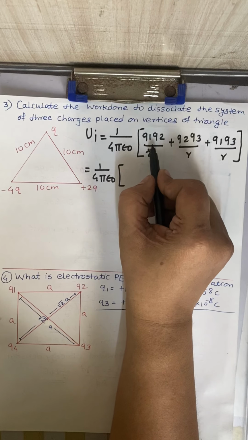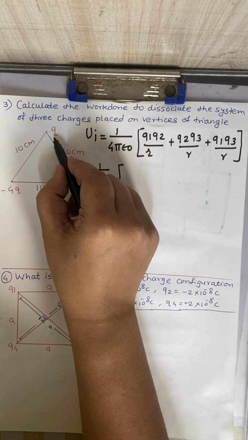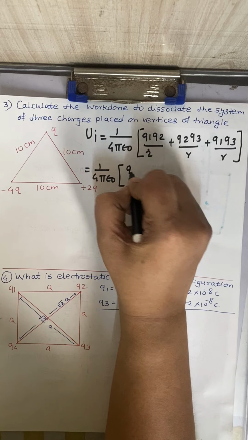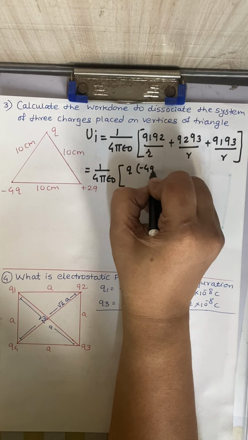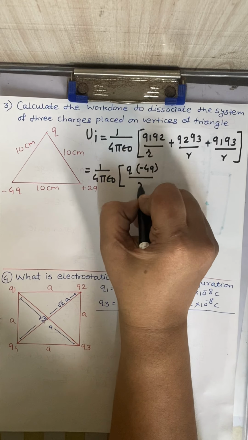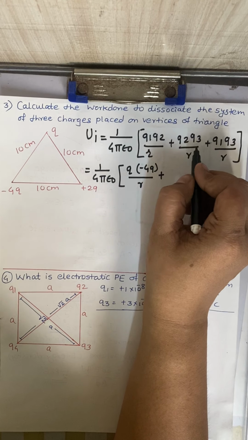Now we are going to keep the values here, 1 upon 4 pi epsilon naught inside the bracket. Let us consider q is q1, so q into q2 is minus 4q, so I will write down minus 4q divided by r plus q2 q3.